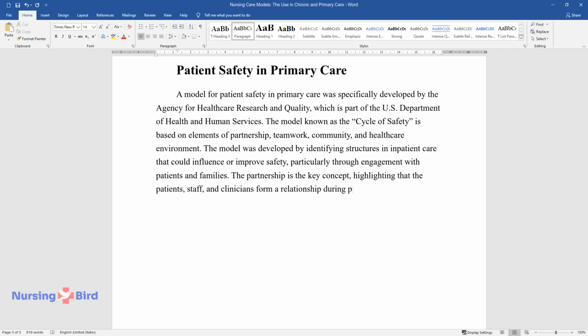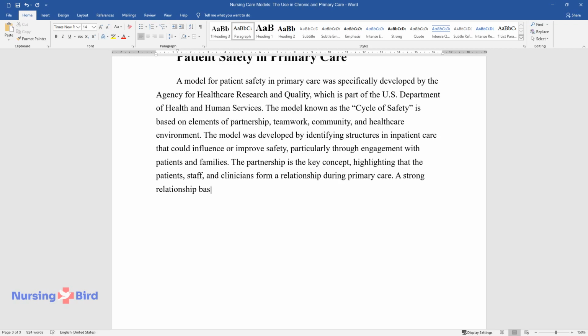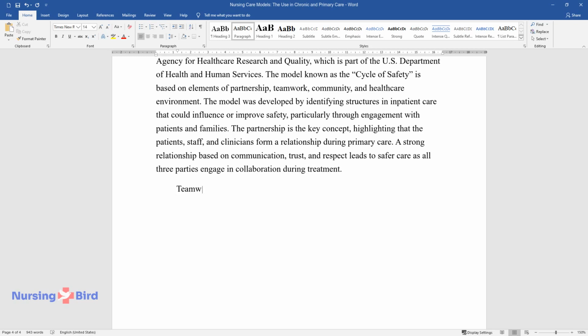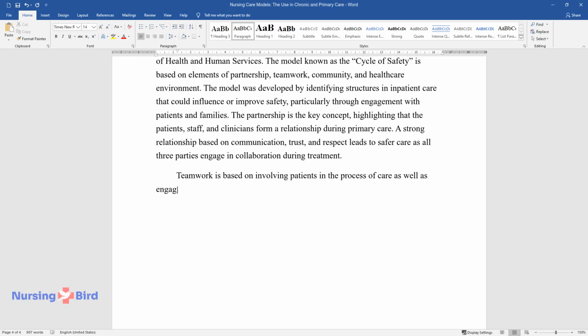primary care. A strong relationship based on communication, trust, and respect leads to safer care as all three parties engage in collaboration during treatment. Teamwork is based on involving patients in the process of care as well as engaging them in the continuum of care so that a common goal is achieved.